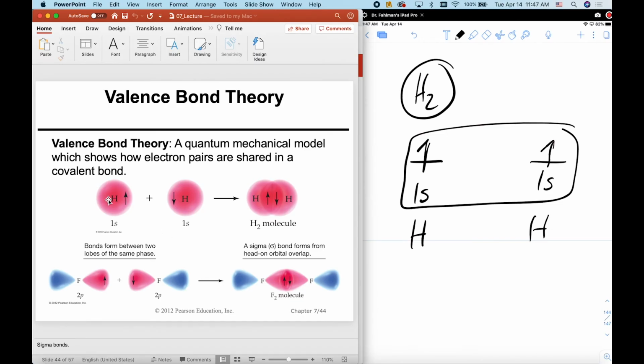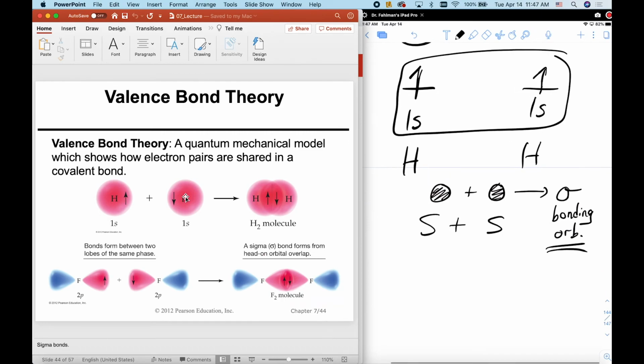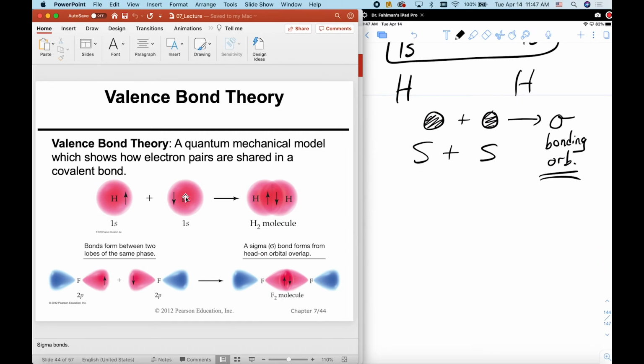And so if you have s orbitals, an s plus an s, in other words, 2 spheres colliding, that will give rise to a sigma bonding orbital. But you could also have p orbitals, and they can overlap like this, shown here.